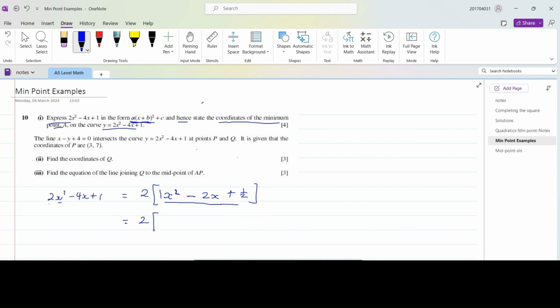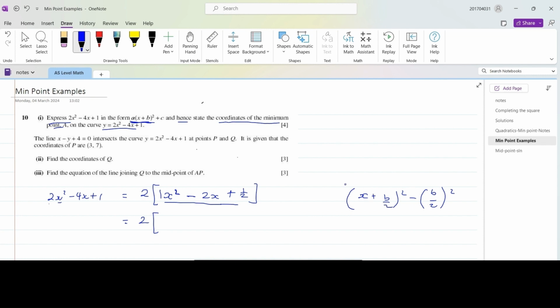So we still have a square bracket. Now let's complete the square inside it. The formula for completing the square that I usually like to follow is x plus b over 2, squared, minus b over 2, squared.